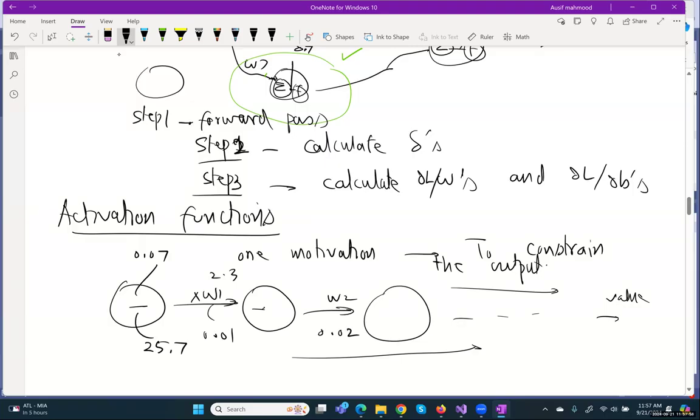So what happens when we keep multiplying these small values by themselves? As we go along, the values will start to become lower and lower. Eventually, somewhere in the middle, it will become pretty close to zero, and the neural network will stop learning. So we don't want the value to go too high, and we don't want it to go too low.